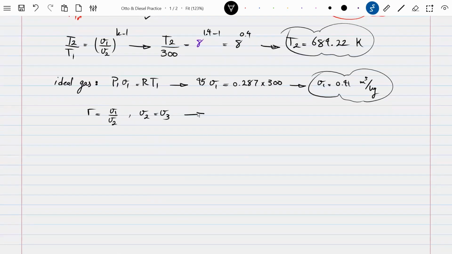So now I can claim that R is actually specific volume 1 over specific volume 3. This helps me to find specific volume 3. It is going to be 0.91 divided by 8. Again, using a calculator, you see that specific volume 3 is going to be 0.11375 meters cubed per kilogram.